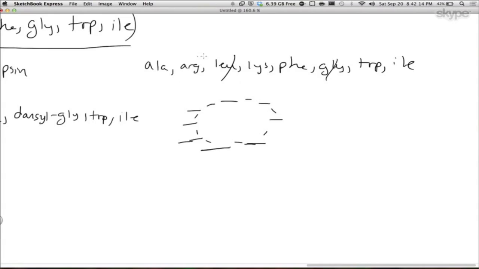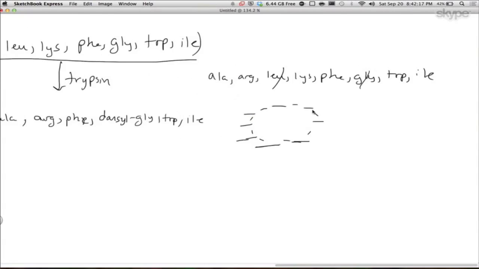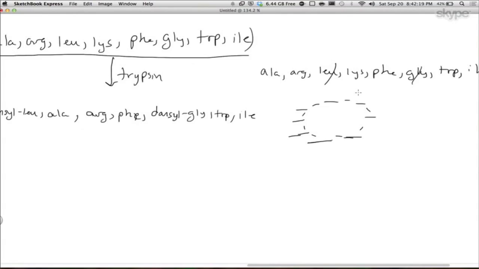Okay, how did we know it's circular? Because it doesn't react with Dansyl chloride. The intact peptide doesn't react with Dansyl chloride, which means there's no N-terminus. Now, you have to write down what you're going to assume is your amino to carboxy direction off to the side, like I did with my circle. So you have to choose clockwise or counterclockwise as your amino to carboxy direction.